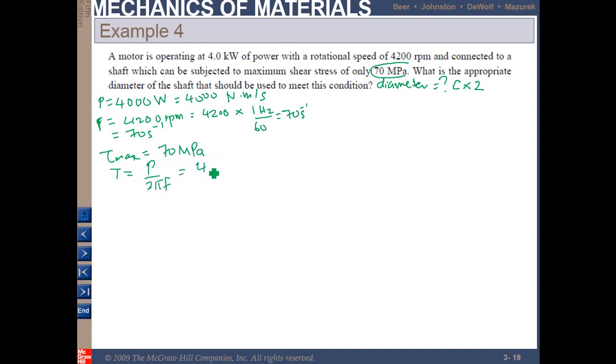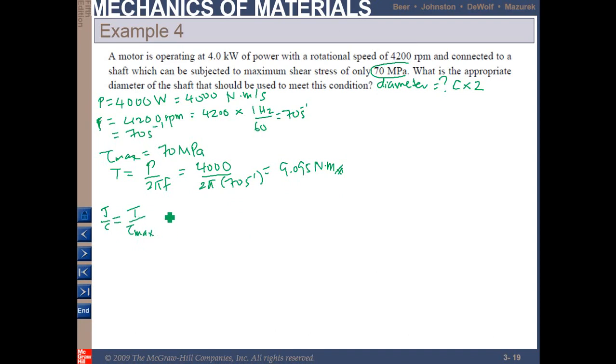P is 4,000, 2 pi times f, which is 70. So you will get 9.095 Newton meter. This is the torque. So if we substitute torque and shear maximum into equation 3.18, it becomes J over C is equal to torque over shear maximum.